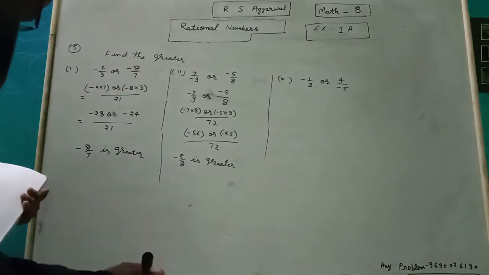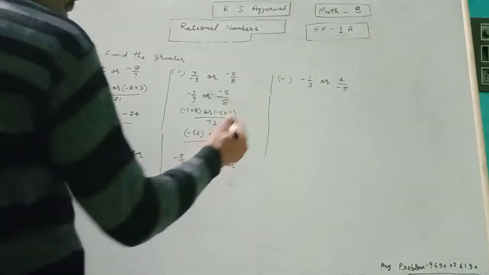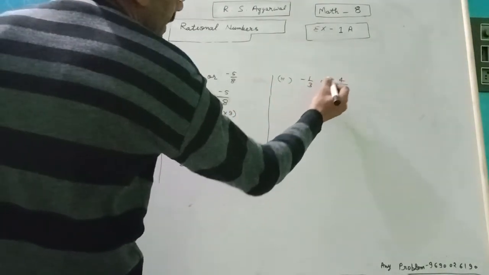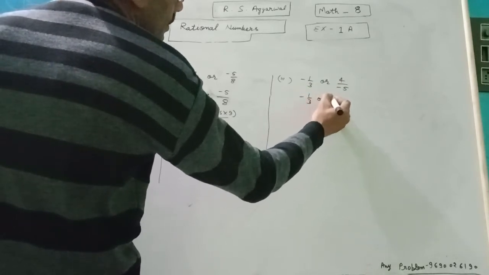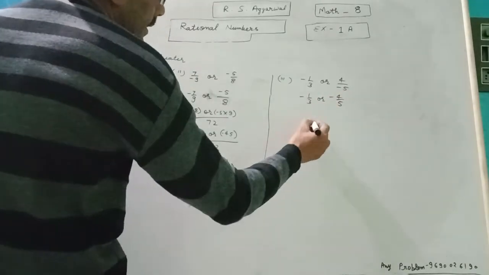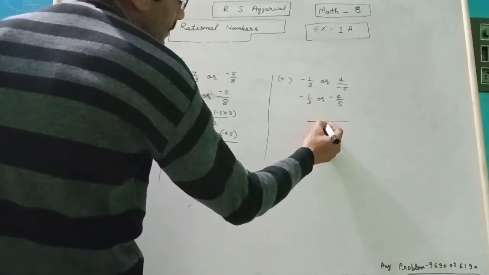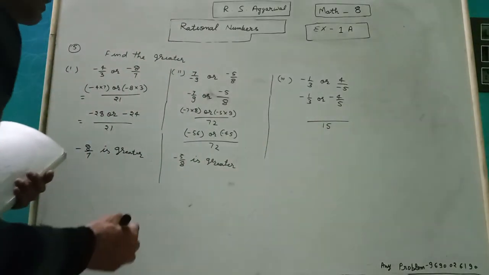Third part will be same. At first write minus in numerator: minus 1/3 or minus 4/5. After LCM, 15 will be LCM of 3 and 5.